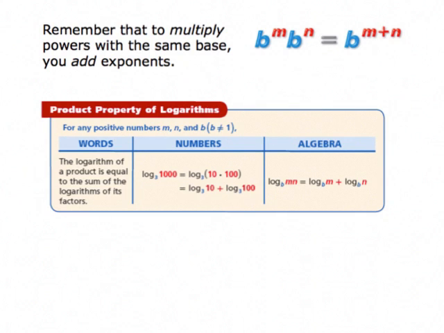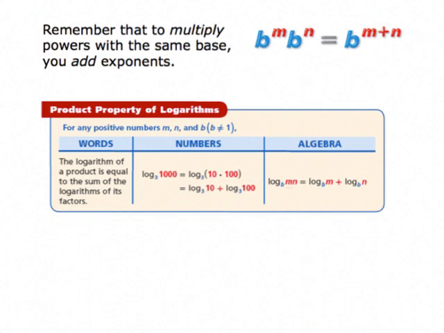Okay, let's begin these properties. First of all, notice here you have b to the m, and you have b to the n. Now, like bases, what do you do? Yes, add them. So that's b to the m plus n. Good. Now, let's take a look at this property of logarithms. The property says if you have the log base b of m times n, notice up here you had multiplying, and here you multiply.